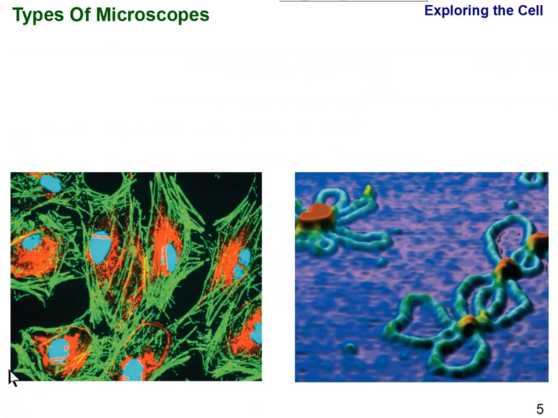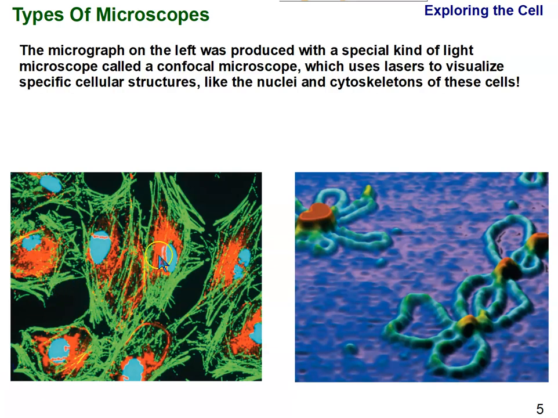So microscope technology has evolved and developed over time, and I just wanted to give you two more examples of microscopes that have developed from both light microscopy and electron microscopy. So on the left, this is a light micrograph, but it's a special kind of light microscope that uses lasers to visualize specific cellular structures.